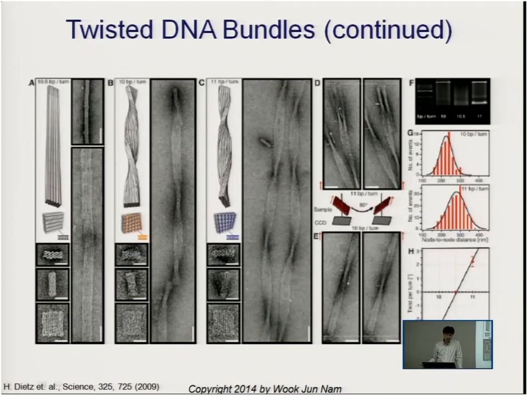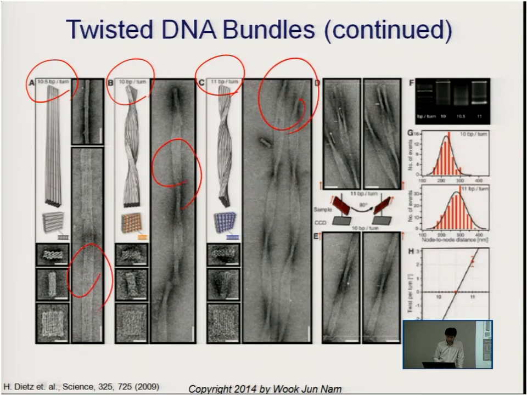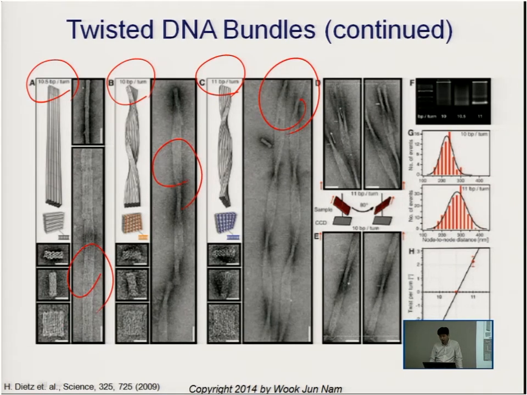Based on that, people can make a flat bar structure, and a twisted bar structure, and this is the opposite direction of the twist. These are all images from the electron microscope. So using this engineering, people can actually make twisted DNA bundles.